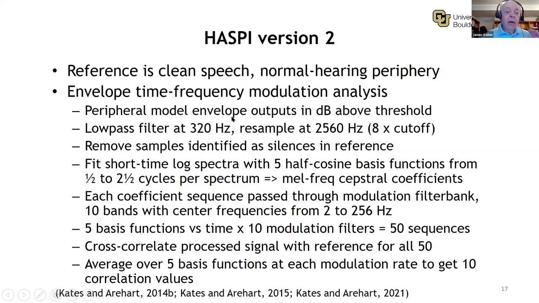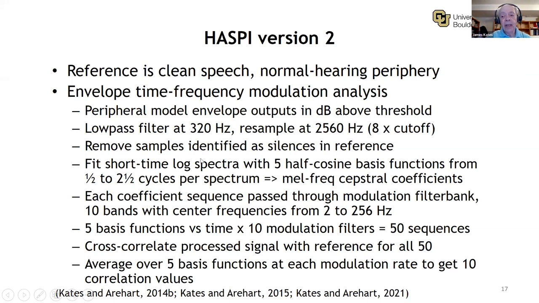So we're starting with the envelope outputs produced by the auditory peripheral model. We're not particularly interested in silences, so we'll prune our signals to get rid of the silences. We're then going to look at time frequency analysis.